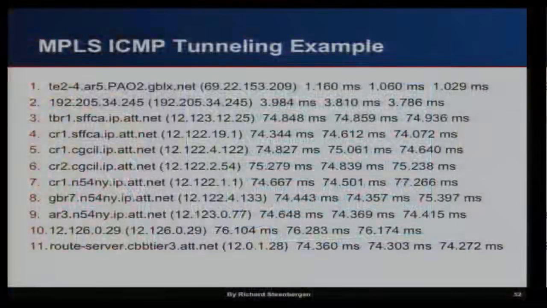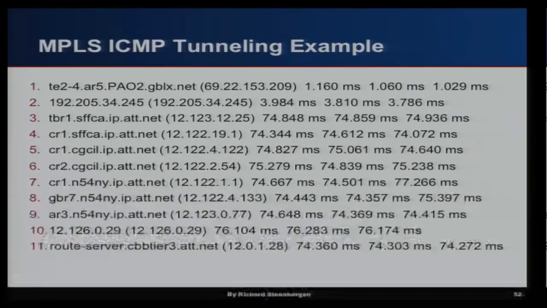So when MPLS came out, there was a big question of how do we communicate MPLS information back in a trace route, and so there was an extension. Basically what happens is you can encode some amount of information in the ICMP message as you send it back. When you send the return packet back, you send some of the original packet.